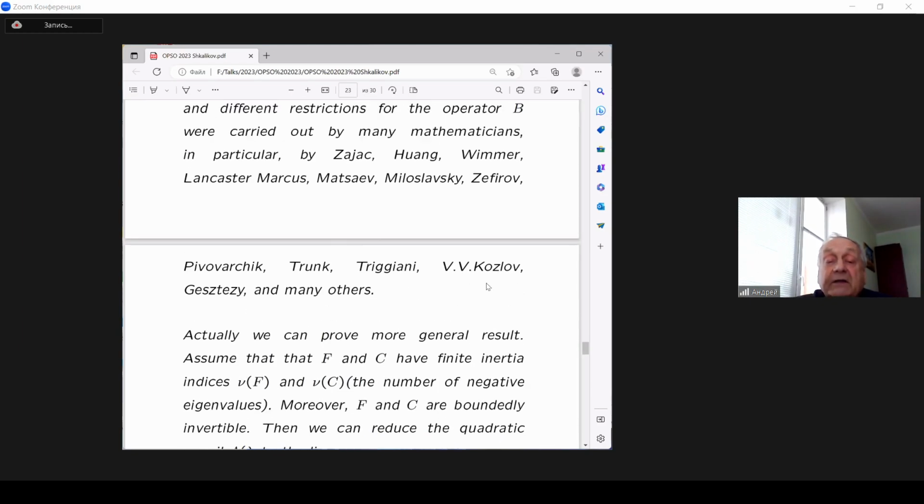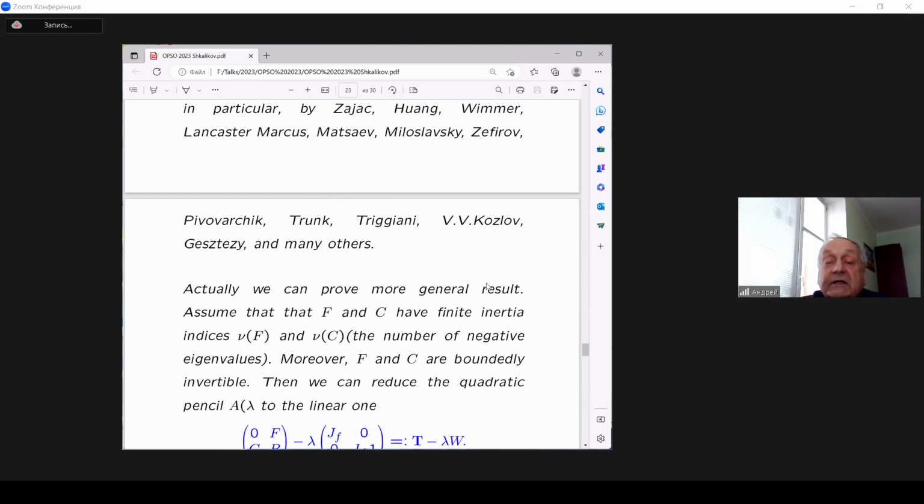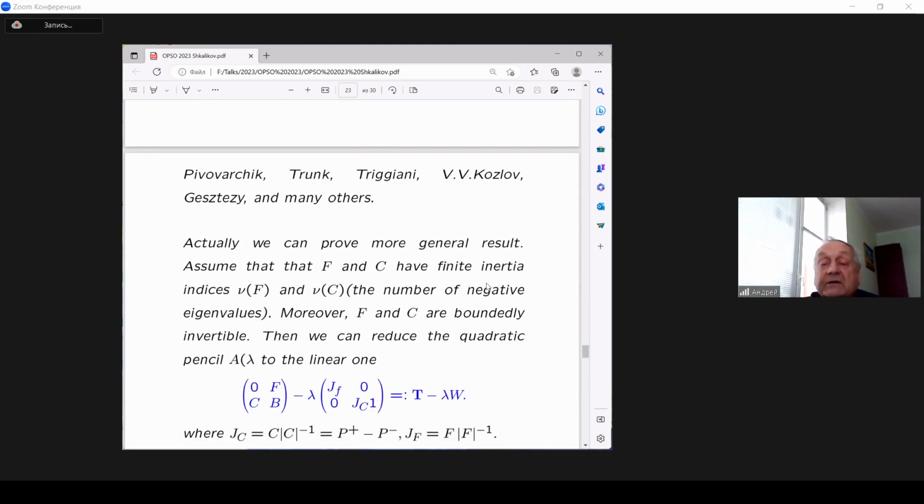So the main achievement was that we did prove the maximum accretivity of this operator matrix, because in the previous papers much stronger assumptions were assumed.